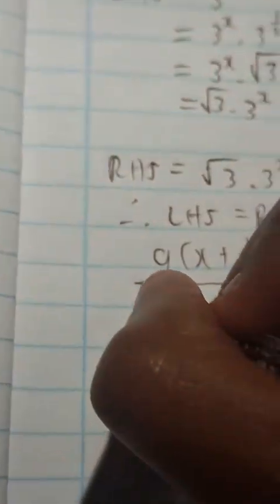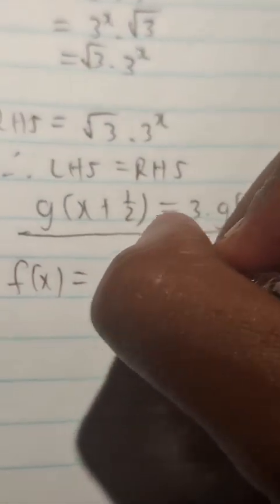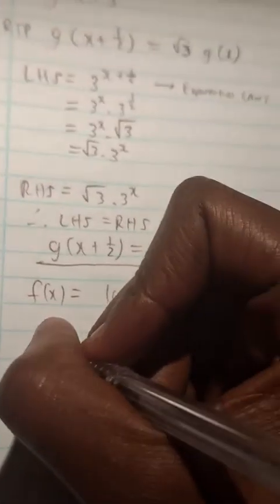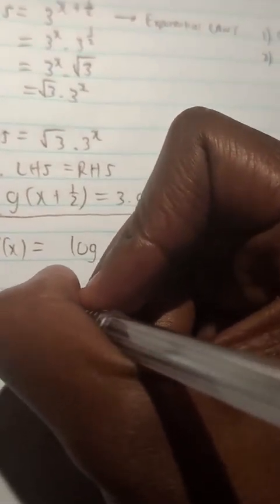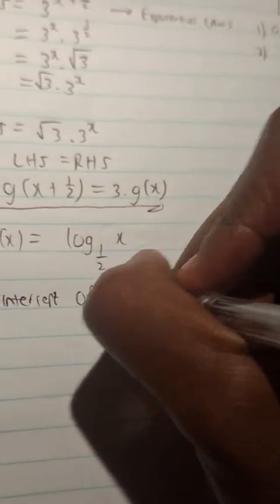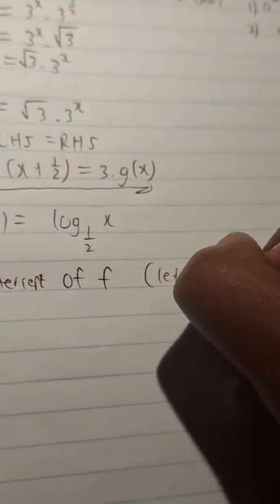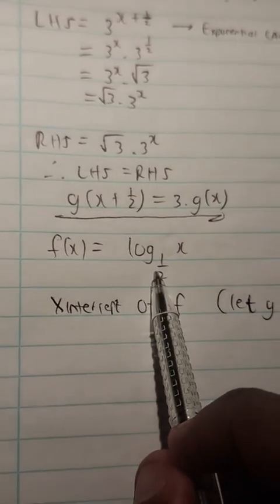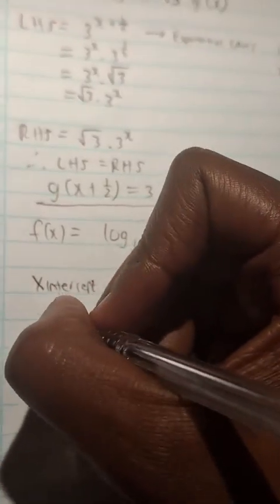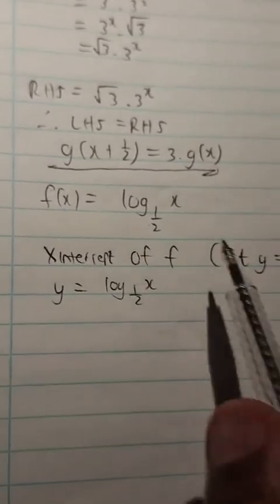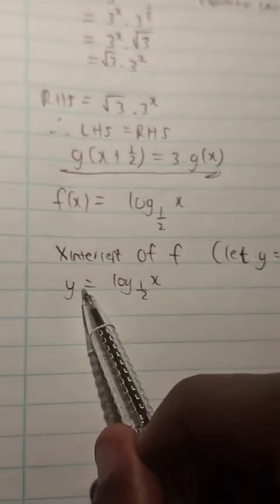So let's go. f of x is equal to log x base half. We are asked to write down the x-intercept of f. This is where we let y be 0. f of x is y. y is equal to log half x. In the place x-intercept, we let y be 0.